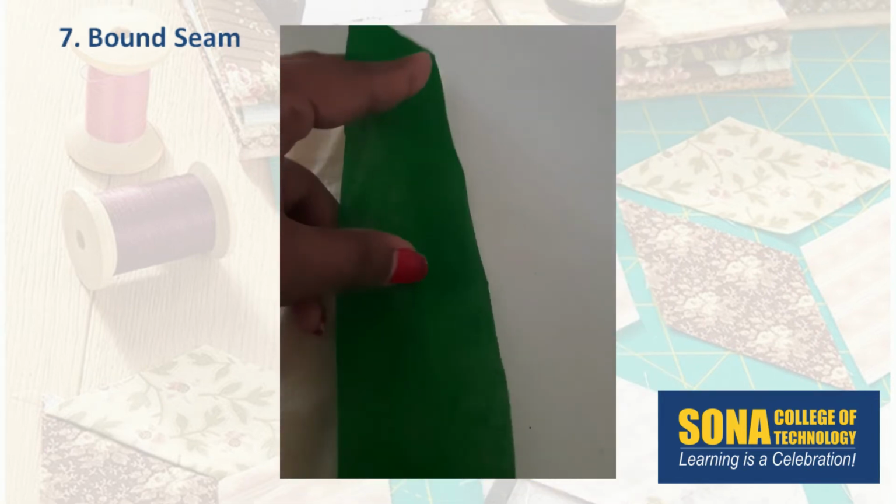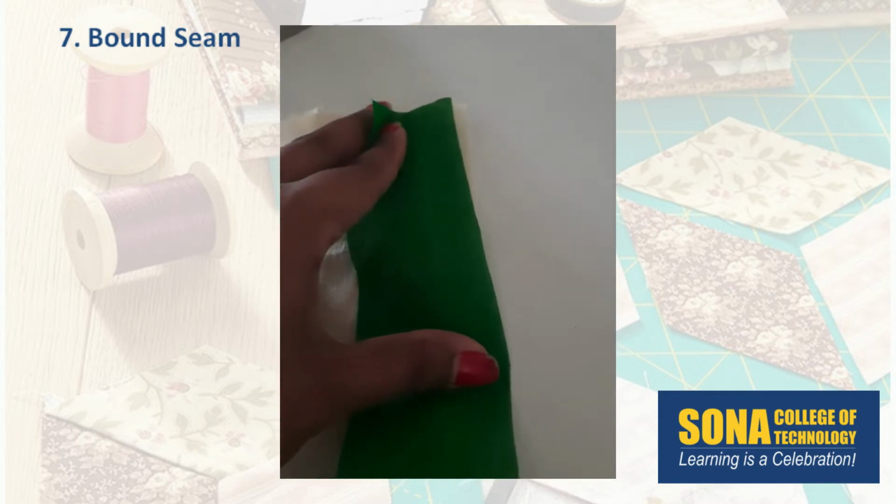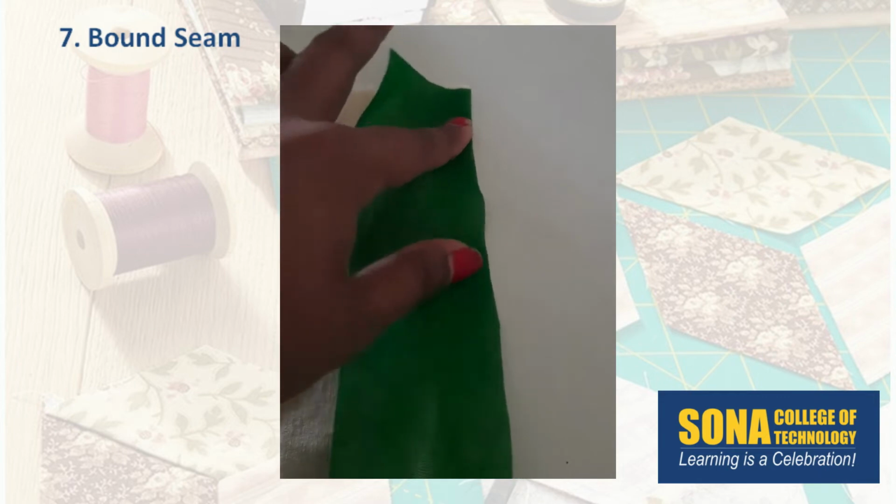Now take two pieces of different colored fabric of 7 by 1.5 inch dimension to bind the edges.